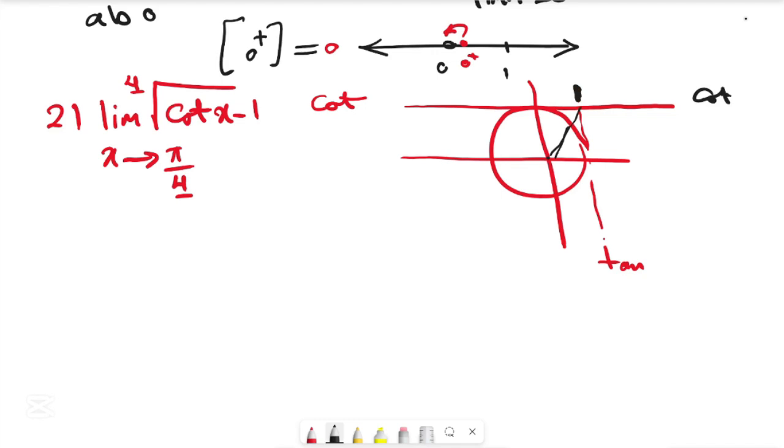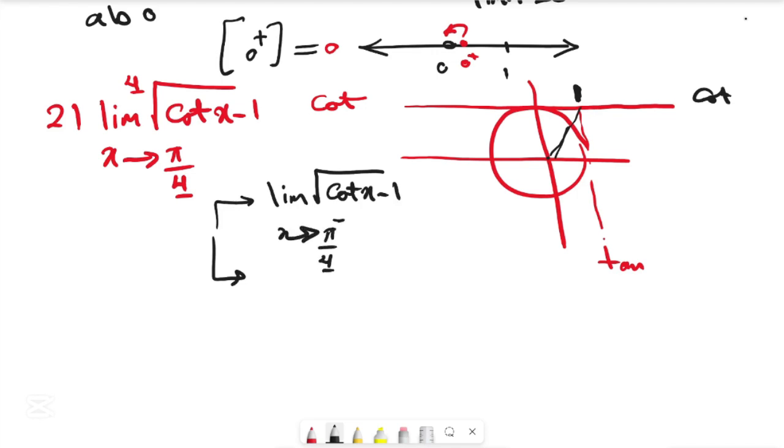But if we split it, because it's a discontinuous function, the limit of the root of (cotangent x minus 1), x goes to pi over 4 from the minus side, and from the positive side.